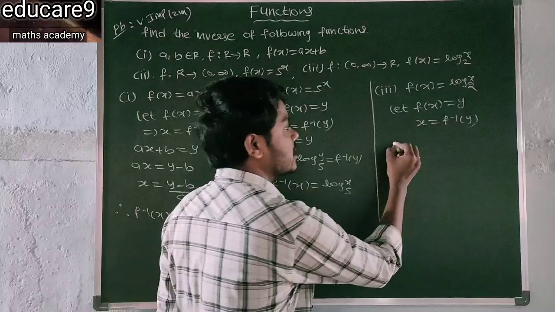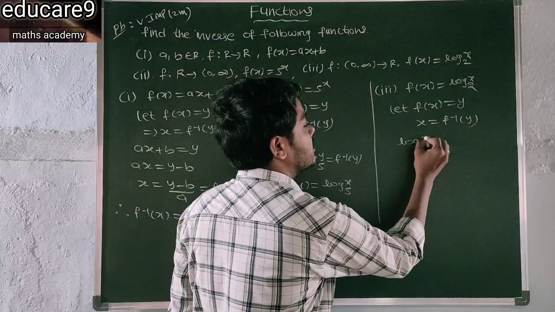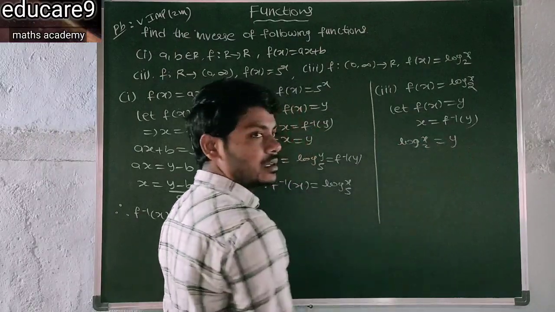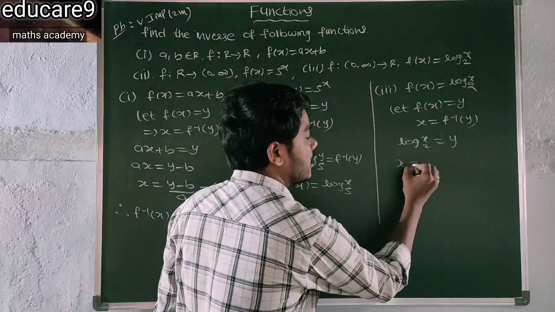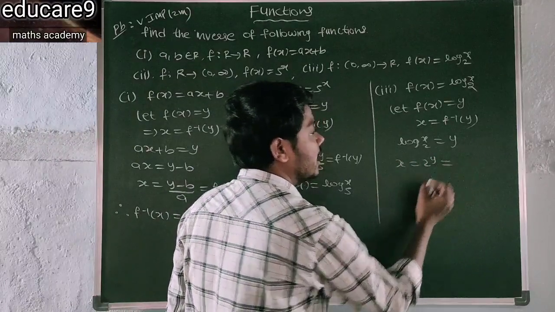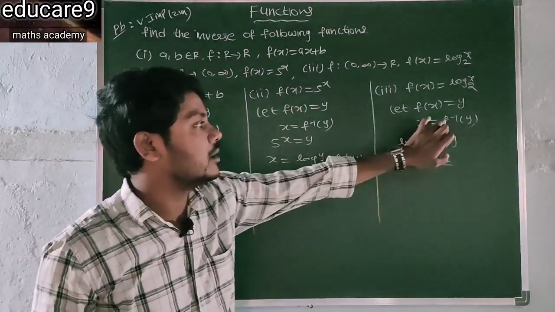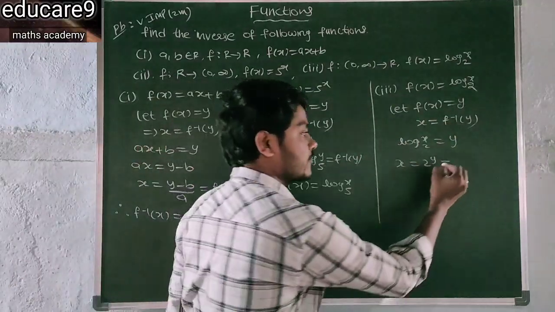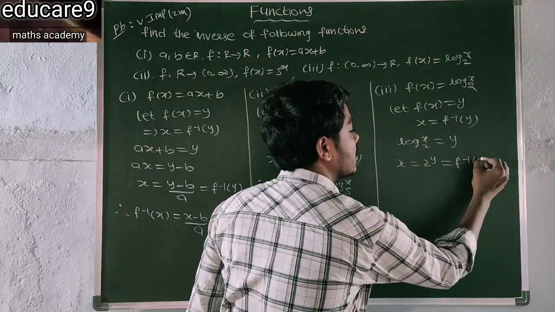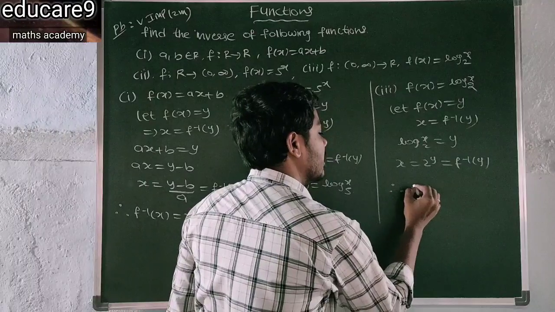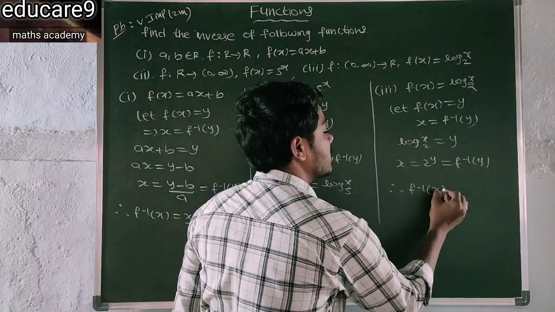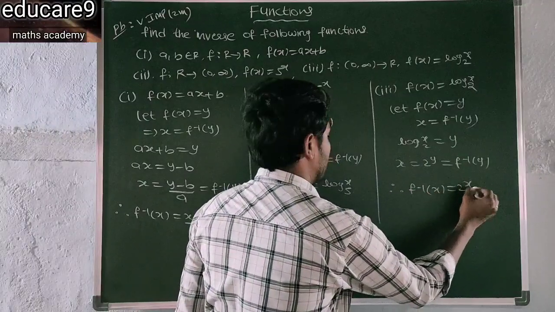So f of x is log x base 2 equals y. Now what is x? 2 to the power of y. So clearly x is f inverse of y. Therefore f inverse of x is equal to 2 to the power of x.